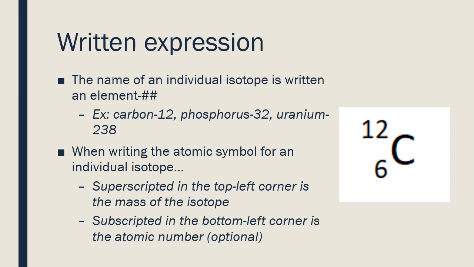You have the symbol in the center. In this case, we're dealing with carbon, so it's a C. Superscripted in the top left corner is the mass. This is carbon-12. Subscripted in the bottom left corner is the atomic number. This is optional, since with the symbol I should be able to take a guess what the atomic number is, because each atomic number is unique for each element, as is their symbol.